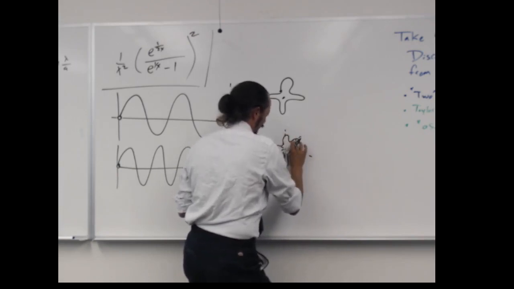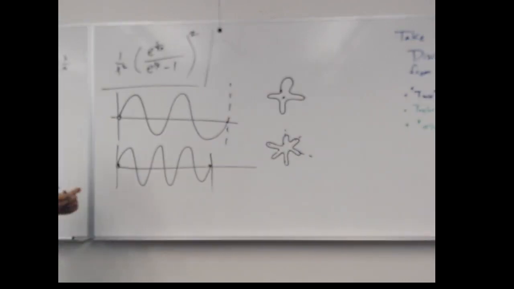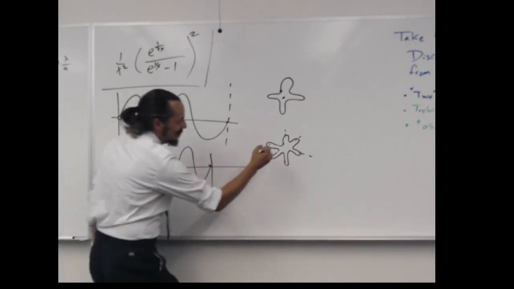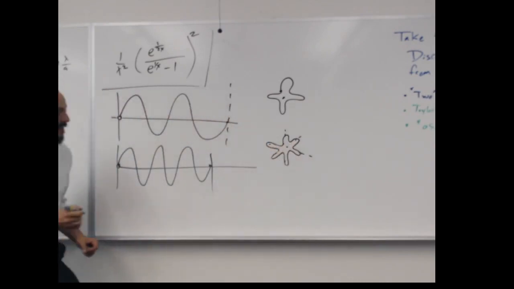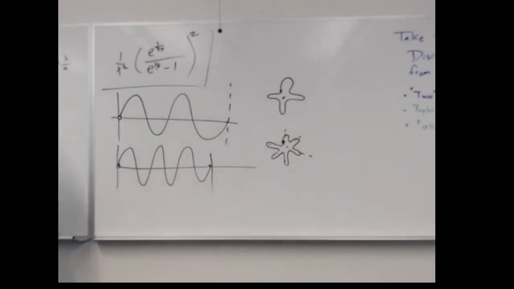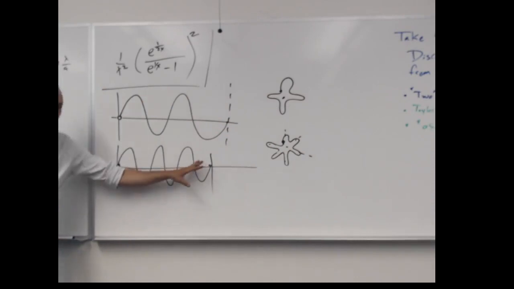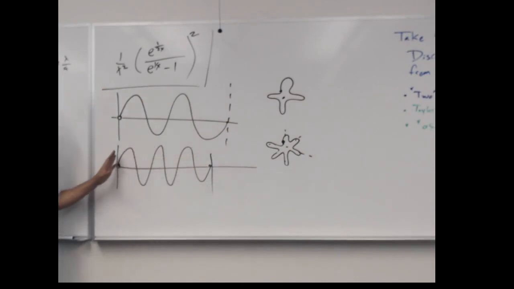Oh yeah, it kind of looks like a bug splat to me, but pretend I can draw uniformly, right? You end up with a system where it matches up with itself, where when it ends, it matches up. So there are certain oscillations that are allowed.